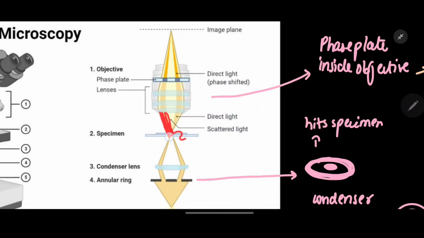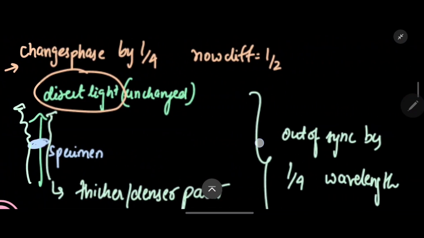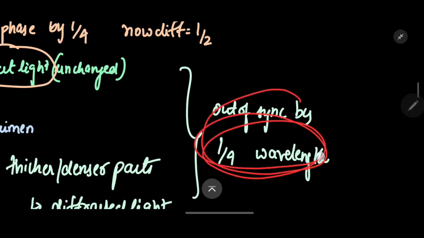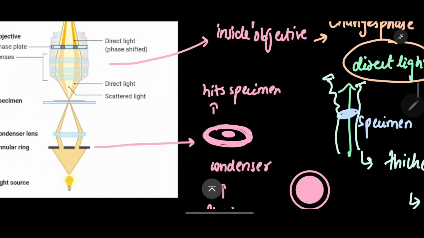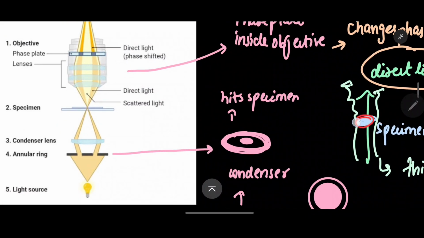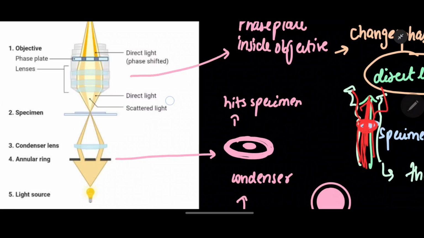Some of it is passing through the denser parts of the specimen, and this is your scattered or diffracted light, and some light is just going to be direct, unchanged. These waves will be out of sync because this is of a different wavelength and this is of a different wavelength. The difference in wavelength will be about 1/4. This is a lot of physics. Just understand that for your specimen, there is going to be some diffracted light and some direct light.